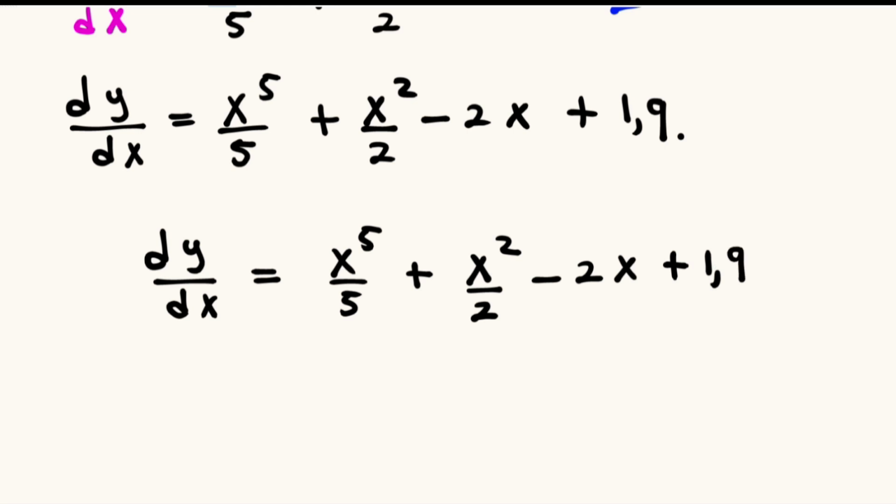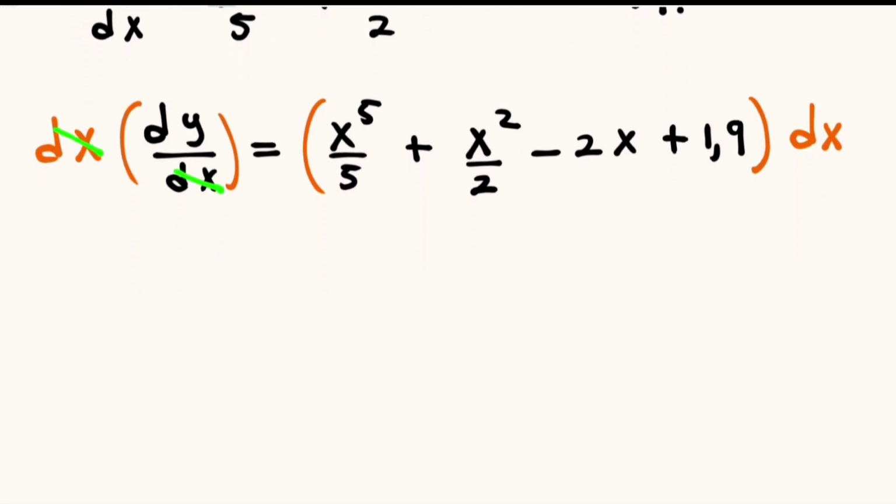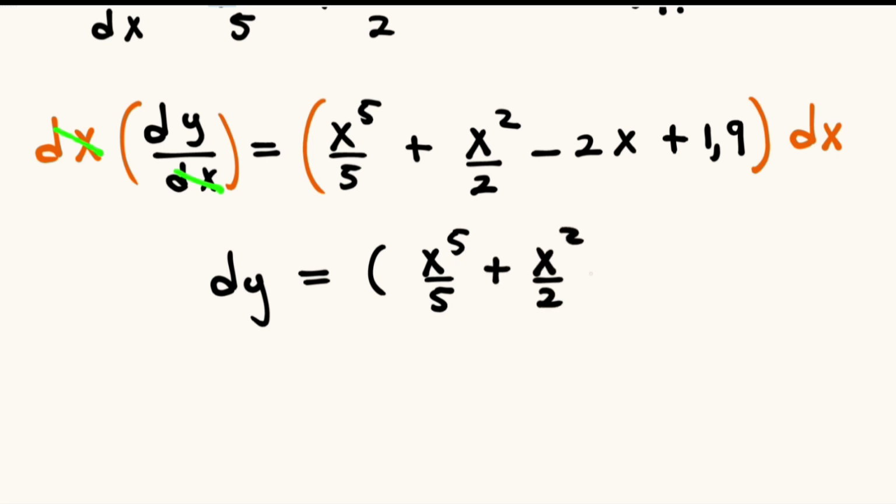And we are going to multiply. We multiply both sides of the equation by dx, and that dx will cancel out, and dy will be equal to x to the power 5 divided by 5 plus x squared divided by 2 minus 2x plus 1.9, all of which is multiplied by dx.